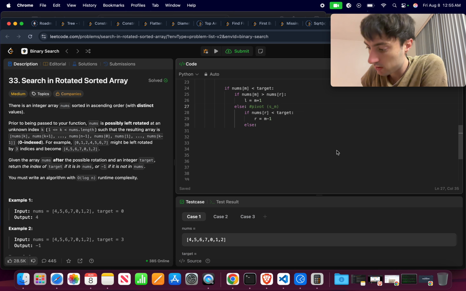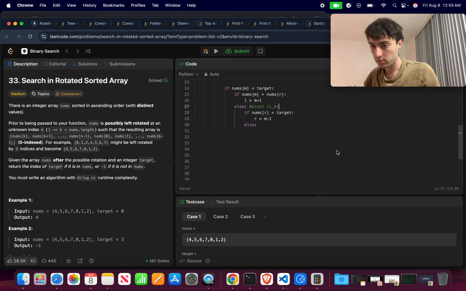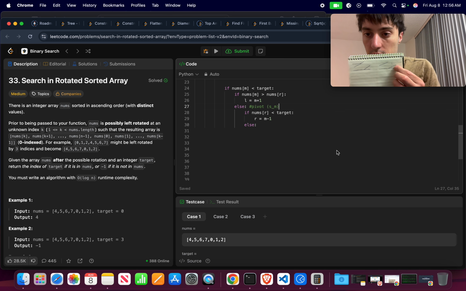Okay, like this. So this is too small right there, my midpoint. This part. It's too small, okay?